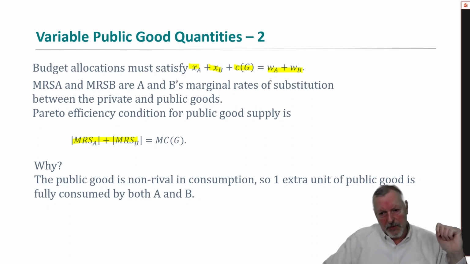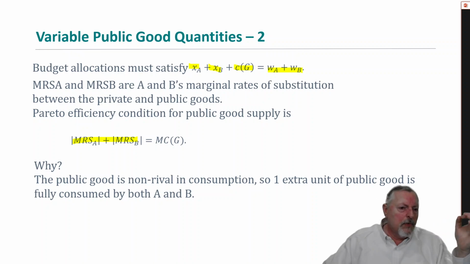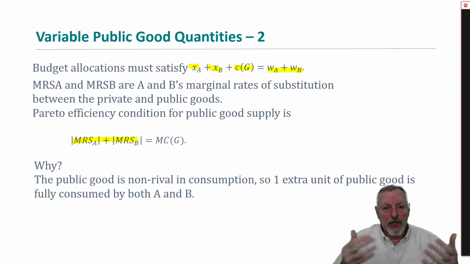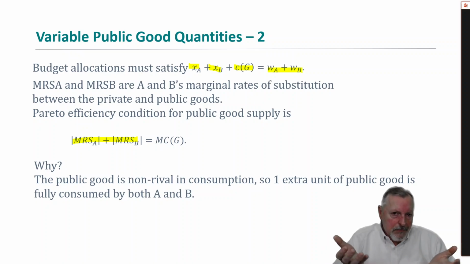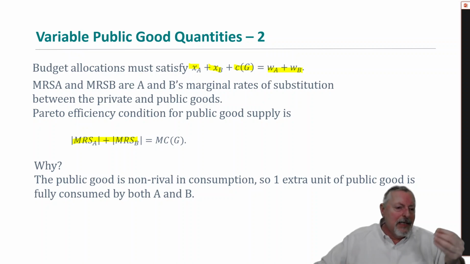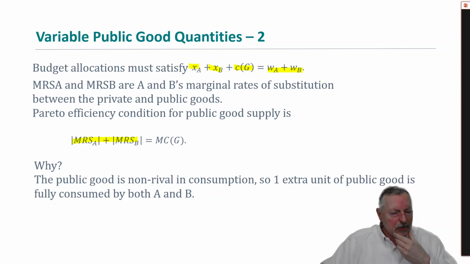This is not the way I would explain it. Spending on all private goods, well, that's money. What's the cost of one generic unit of spending? It's $1. And if you assume that the cost of a unit of a public good is $1, then yes, this is mathematically correct. It's not terribly intuitive.